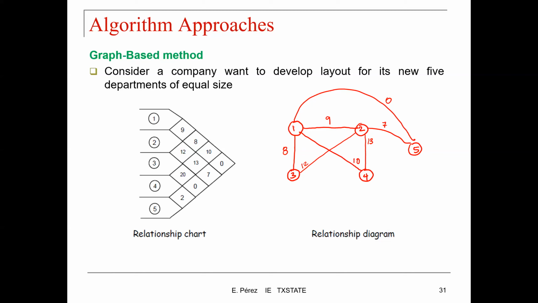From 3 to 4 is 20. And from 3 to 5 is 0. And then from 4 to 5 is 2. So that's the relationship diagram.